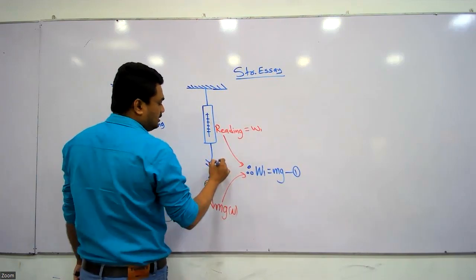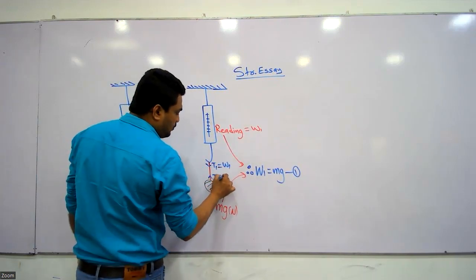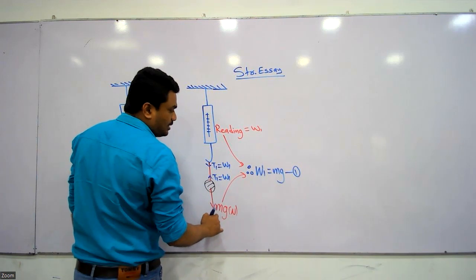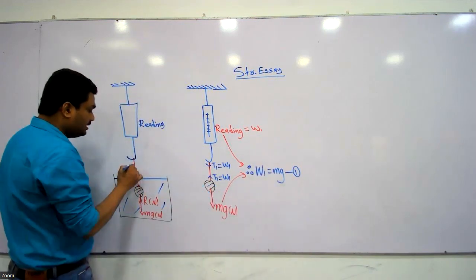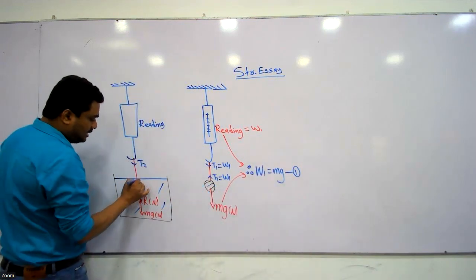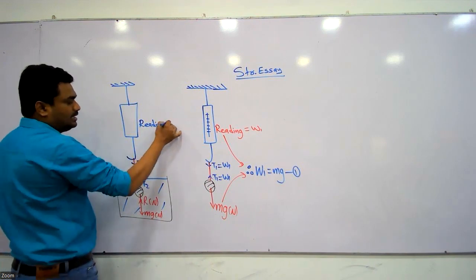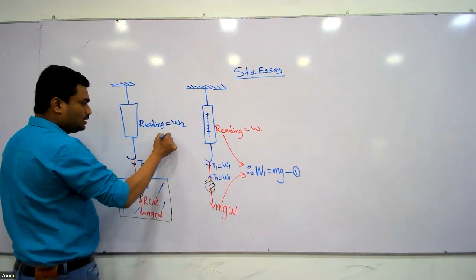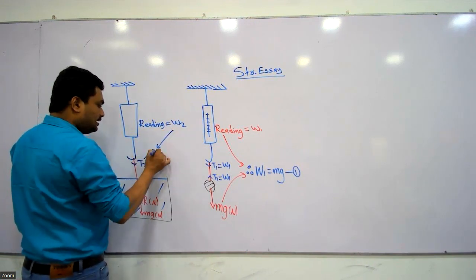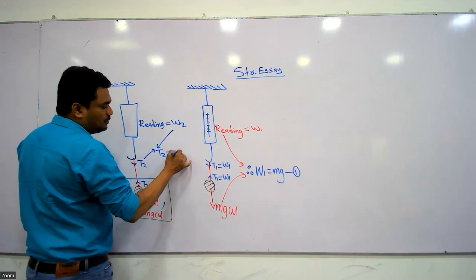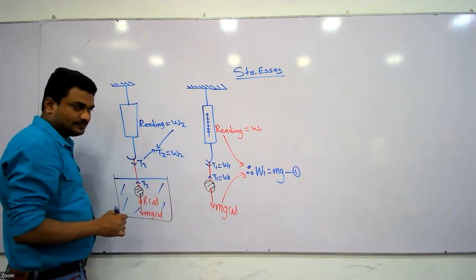So actually T1 is equal to W1. T1 equals mg, therefore W1 equals mg. Here the tension, let me take T2. Now the reading is equal to W2, and T2 is equal to W2. This is what you want to get from this.